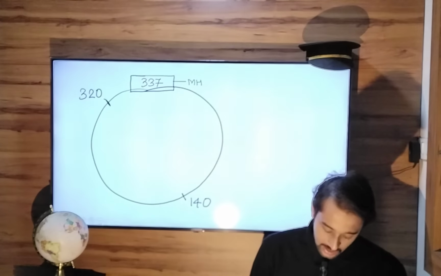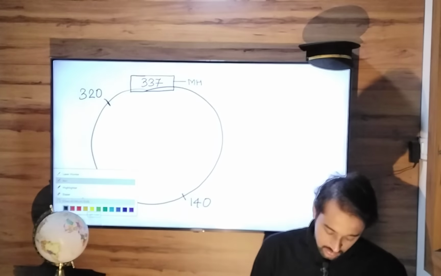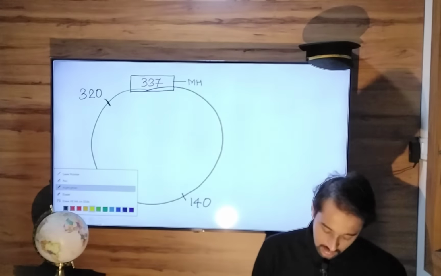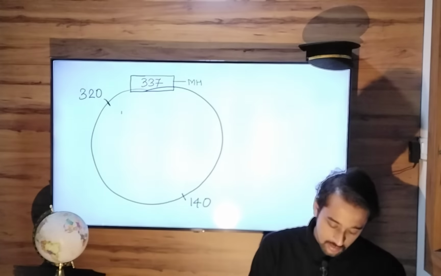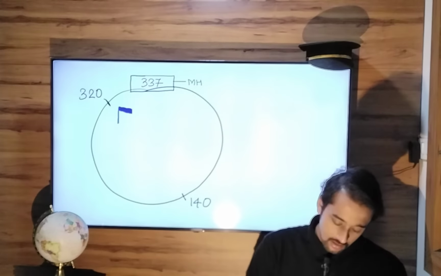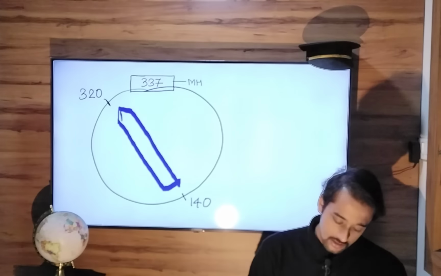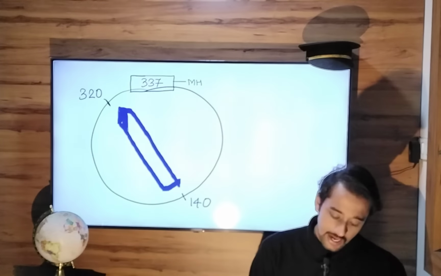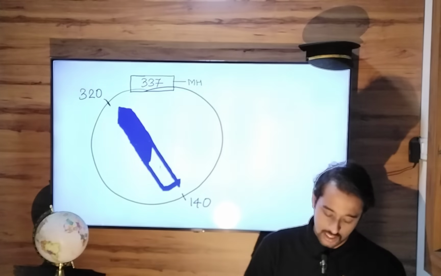Let's draw the VOR needle, which will be pointing like this. The head of this needle is QDM to the station and the tail is the radial from the station, QDR.